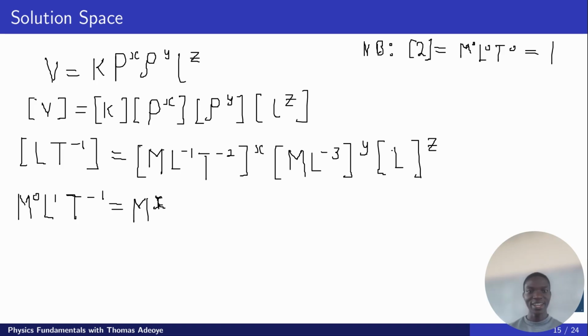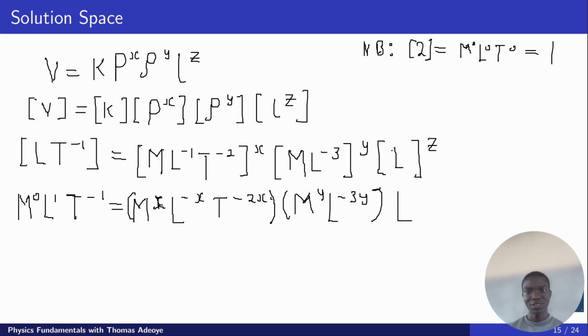So M raised to power x, here we have L raised to power minus x, then T raised to power minus 2x. Let me open the bracket and close the bracket, and here we have M raised to power y, L raised to power minus 3y, and here we have L raised to power z.